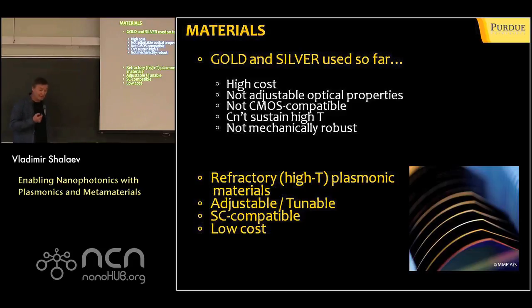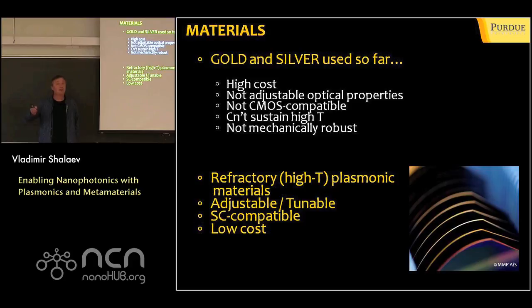It doesn't sound like science, but it is important because you have this industry used for semiconductors, and in the semiconductor industry, you cannot just bring a new material and put it in the same fabrication line. They cannot sustain high temperature. I already mentioned that when plasmonics concentrates energy within a very small scale, as a result, temperature is elevated.